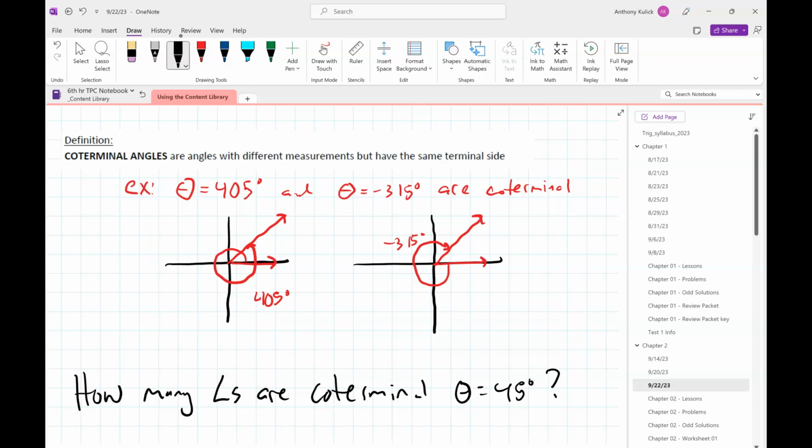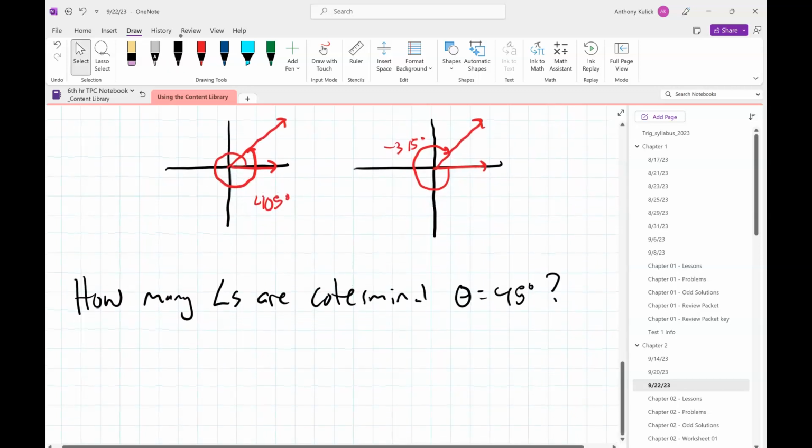What do you guys think? Anybody got a number here? It's got to be at least, what? Infinite. You're correct. Infinitely many. Why? Because you can just keep going up or keep going down. You can keep spinning around one time and get there, two times and get there, three times and get there. Or you could go the other opposite direction. You could spin backwards, one time around or two times and just keep going, right? Does that feel okay to everybody?